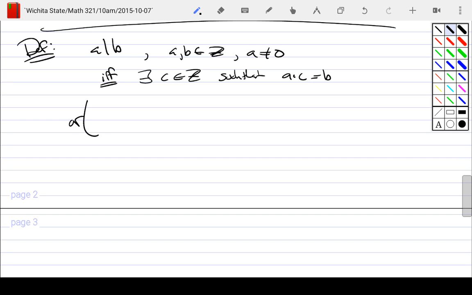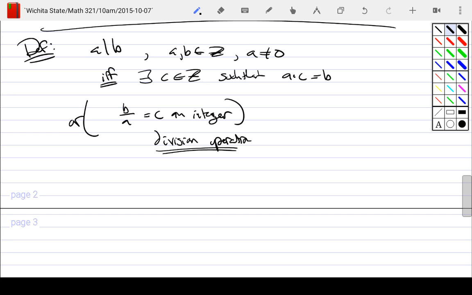Or if you are stuck in the world of the division operation, right? You just can't let go of division. Another way of looking at this would be to say that b divided by a equals c, an integer, right? Which is the division operation.